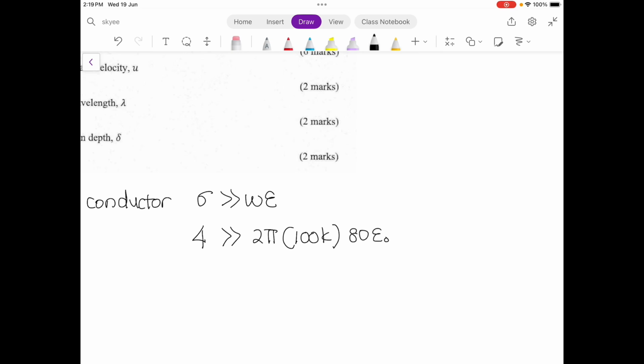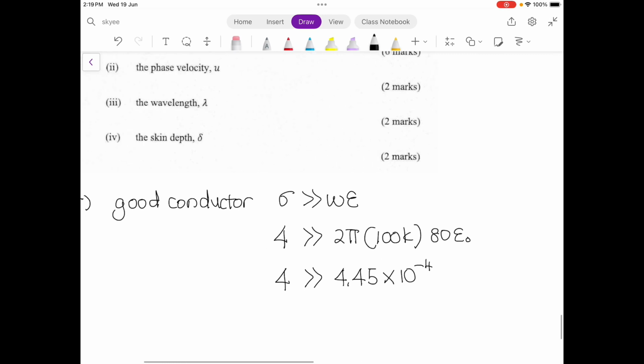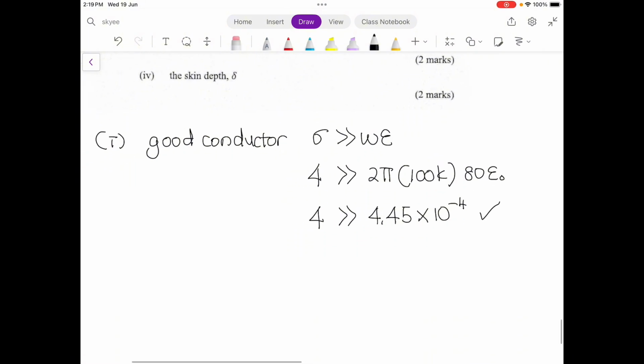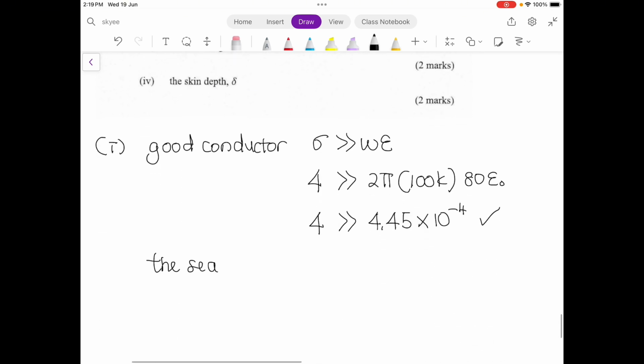So you calculate 2 pi times 100k times 80 times epsilon naught. Of course, 4 is much greater than 4.45 times 10 power negative 4. Since this is true, we can say that seawater is a good conductor.